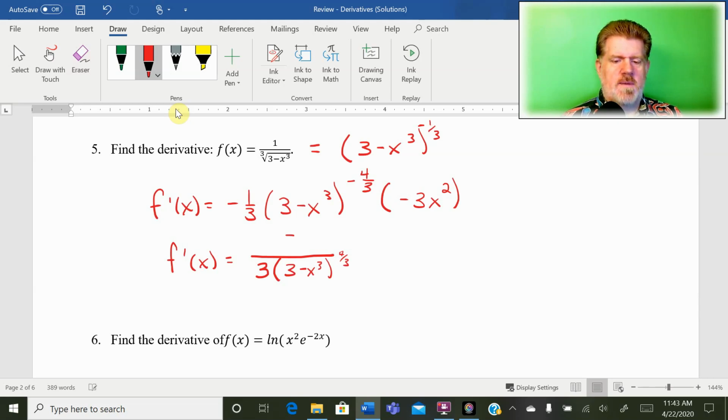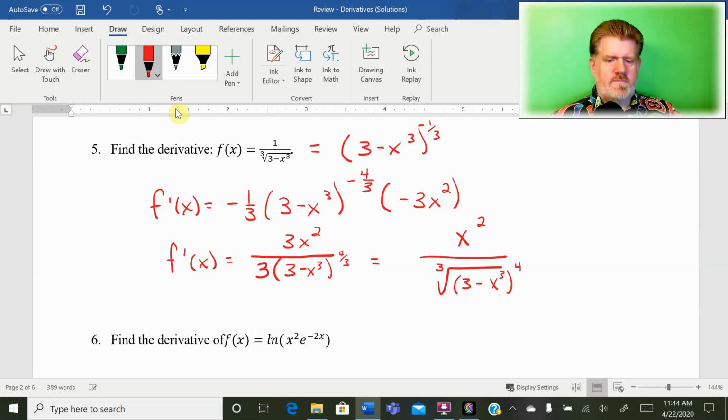And what's on top is a 3x squared. You see, I forgot the 3's. So really it boils down to x squared over, and let me do it this way because it looks more cool, the cube root of 3 minus x cubed to the 4th. All right. There we go.